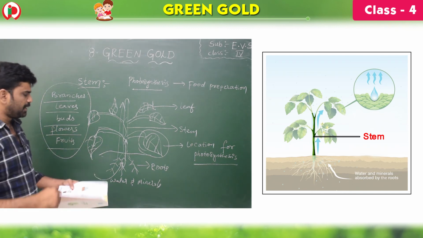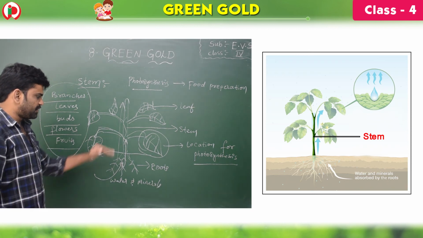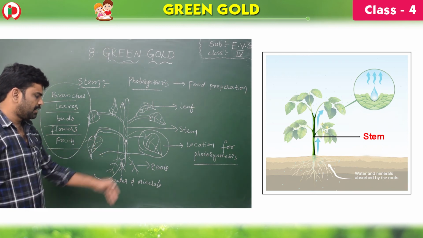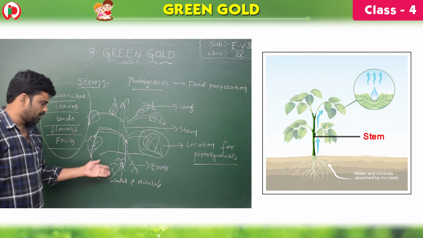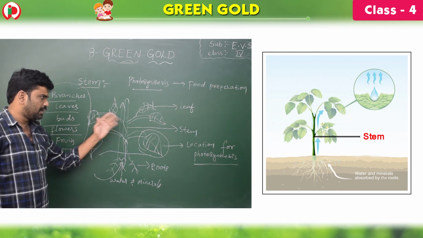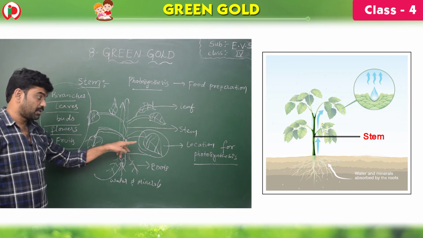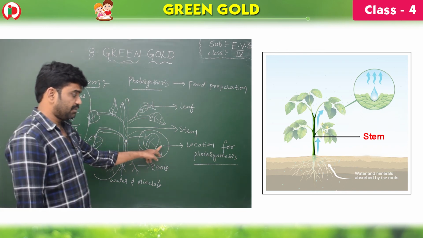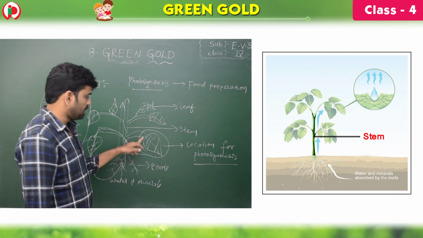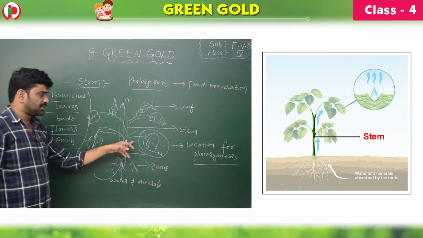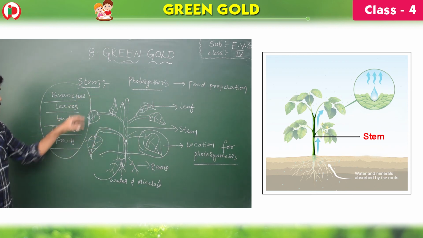So once again I repeat, plant stems transport nutrients and minerals, even water also, from the root to the leaf. And the stem also transports, as the leaves are the location for photosynthesis, what will this stem do? It will transport the food to the remaining parts of the plant.